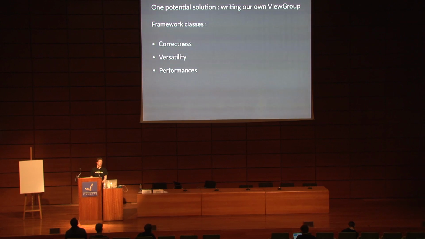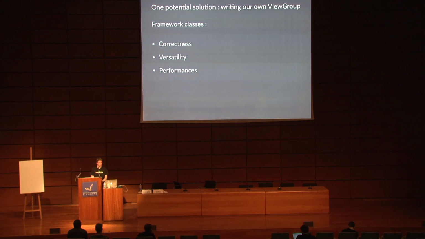But if you do that and you still don't have the performance you want, and you want to make your designer happy, so you want to implement their awesome design, one potential solution is to throw away the platform classes and write your own.